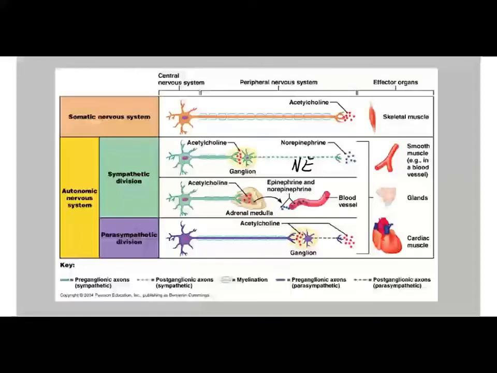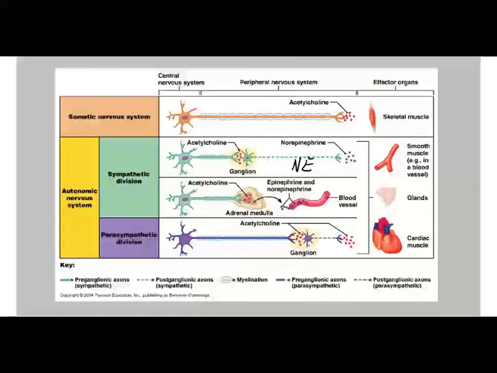And epi is the same epi that we hear about in EpiPens. Epinephrine and norepinephrine are released into your bloodstream. This is a little slower acting, but it keeps that effect going longer.